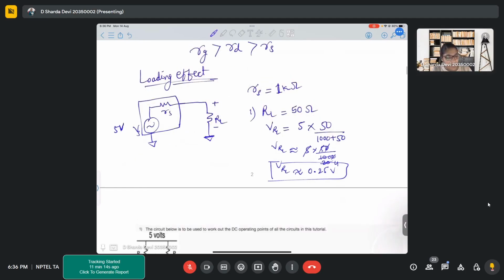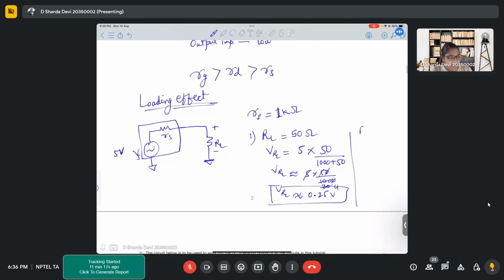Now, let's say if my RL is 1 kilo ohm, then my VRL will be how much? It will be 2.5 volts.